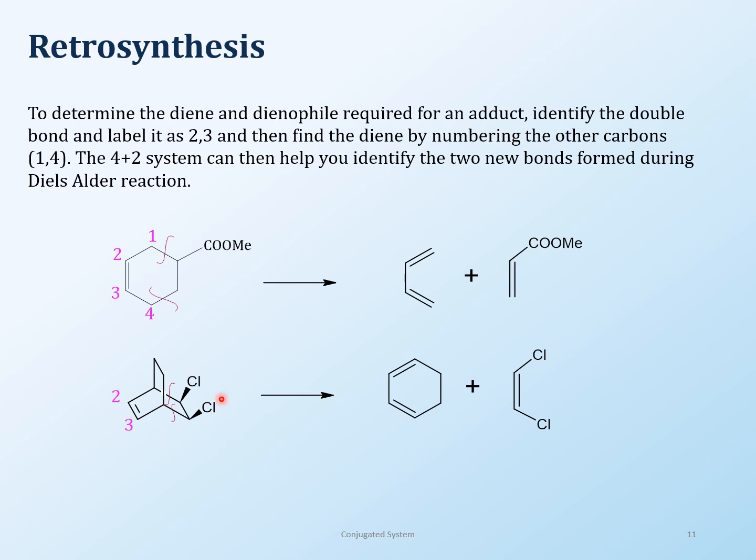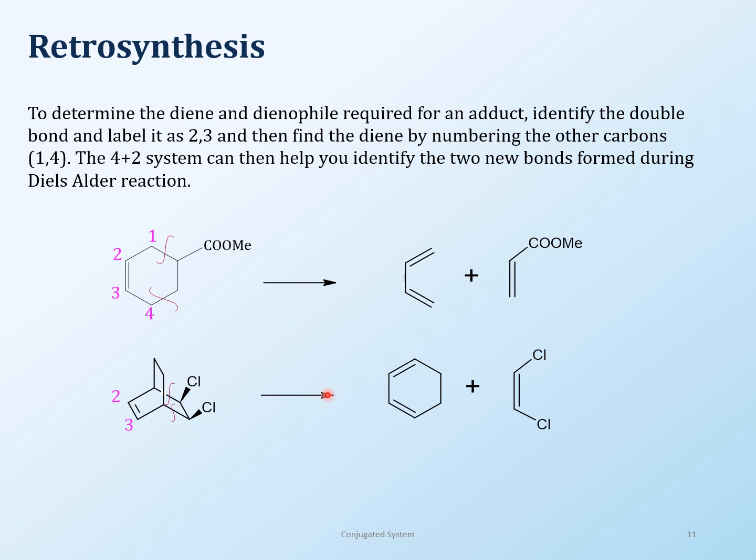So here, in this case, here's the 2 and 3, which means this is 1, this is 4. So I'll break these two bonds and that's how I get this. Now remember this one here, they are both going in the same direction. So it means my chlorines here have to go in the same direction as well. And this is then a cyclohexadiene. That's what I'm starting with here.